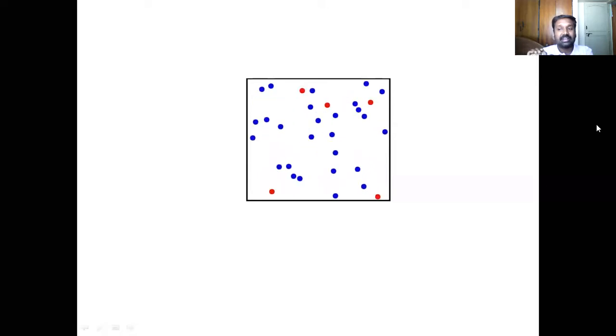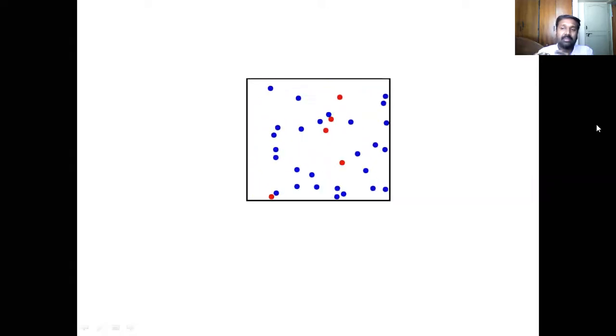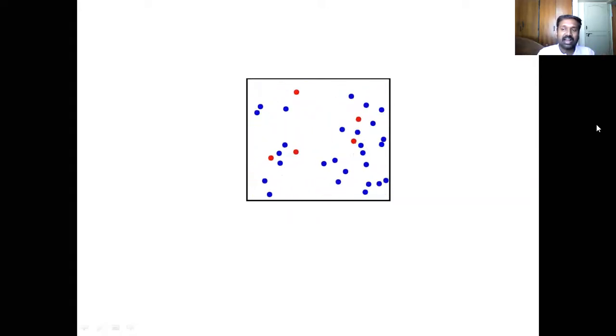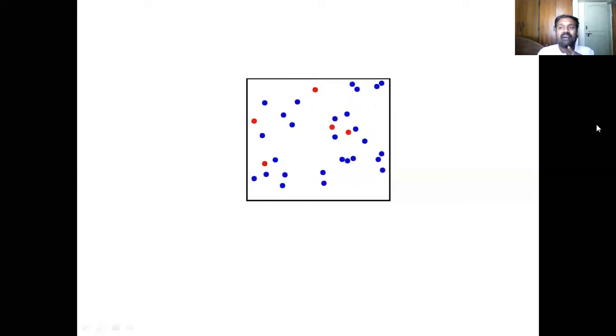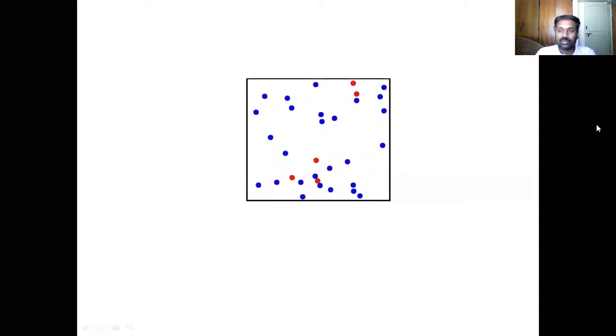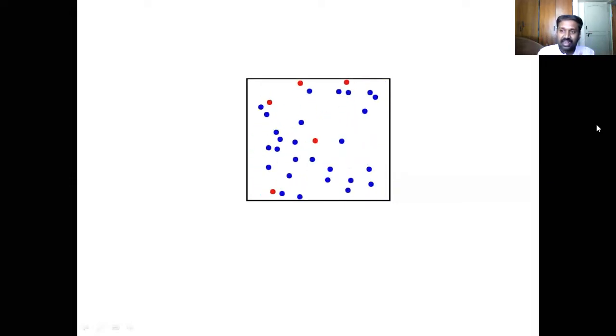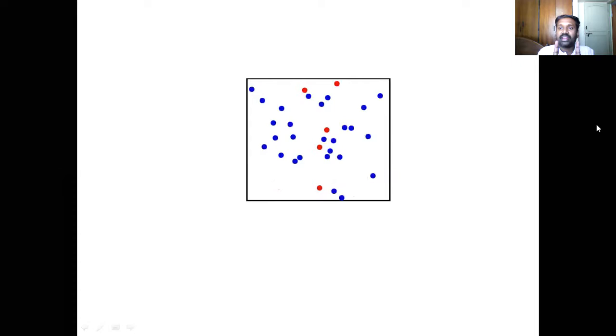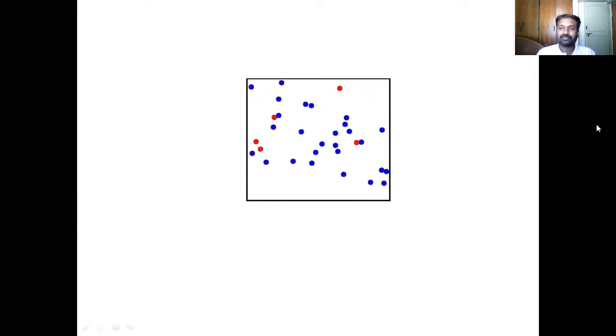These two molecules now have a different energy than before, and these two energies have become different.